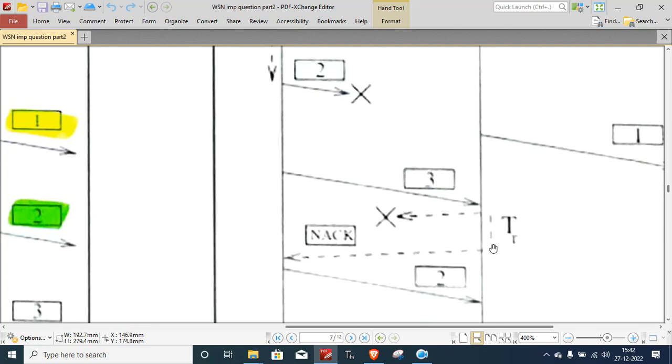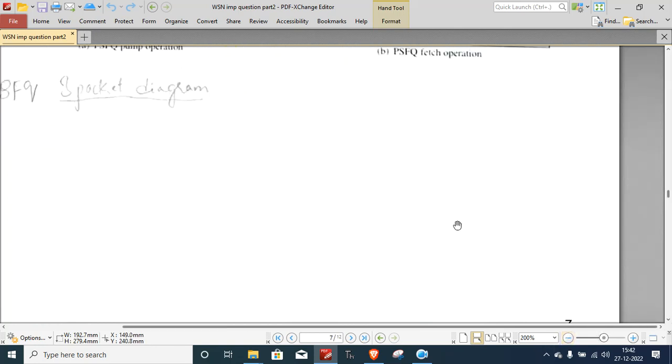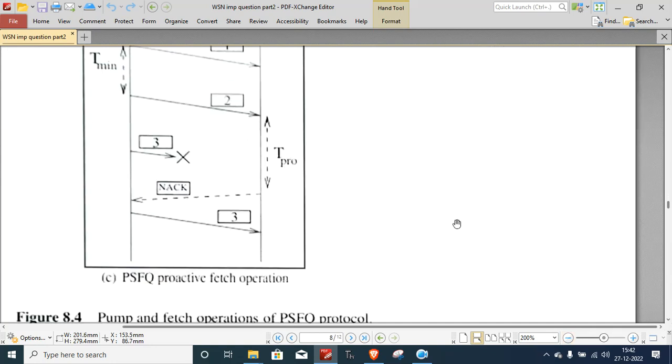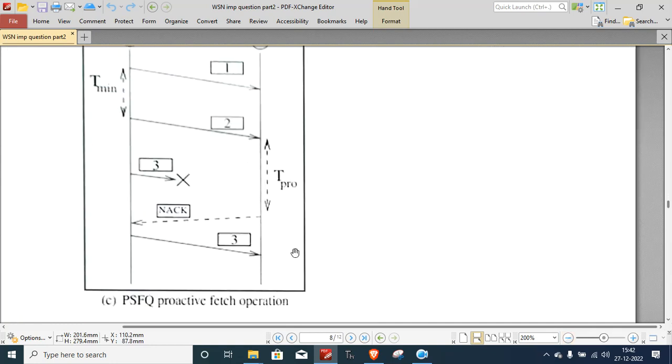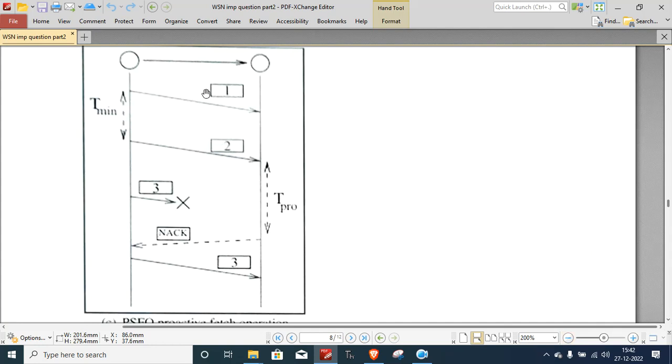Along with that, we have one more operation which we call the proactive fetch operation. Let's consider this scenario between sink and the source, where the sink is transmitting all its packets, packet 1, packet 2, after waiting for a time interval T-min. Then it tries to pass its third packet, but that is lost.